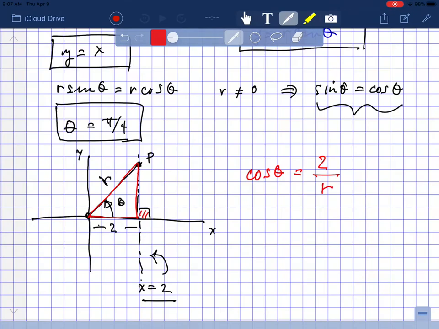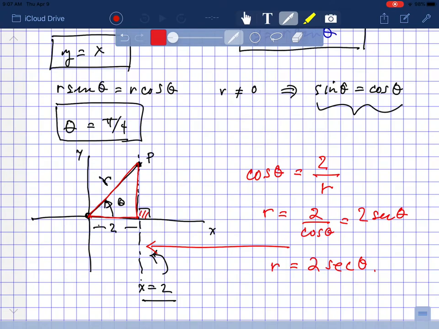And I can rewrite this equation as r is equal to 2 divided by the cosine of theta, which is equal to 2 times the secant of theta. So in polar coordinates, the equation for the line x equal 2 is given by r is equal to 2 times the secant of theta.